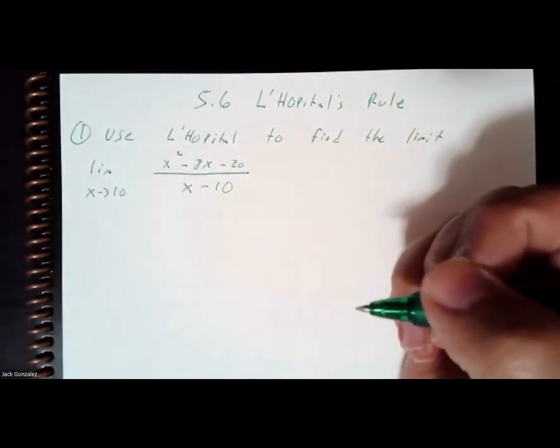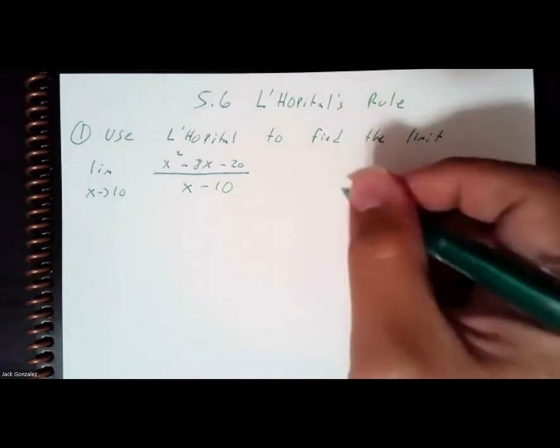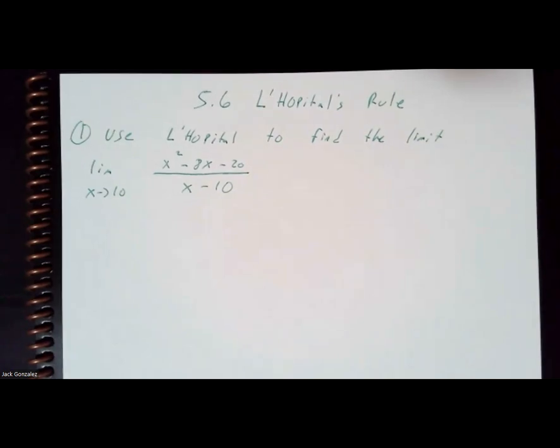So the first thing you should do is try to plug in the limit and see if you get 0 over 0 or infinity over infinity. You can only do L'Hopital if you have that indeterminate form.